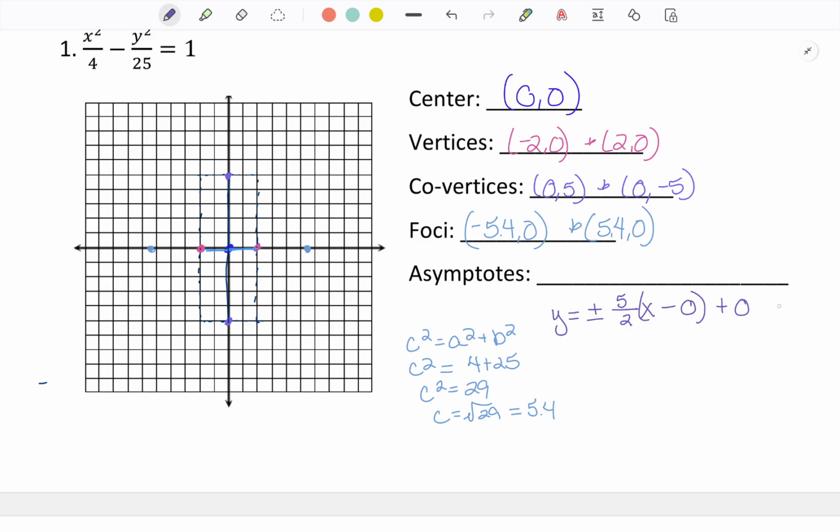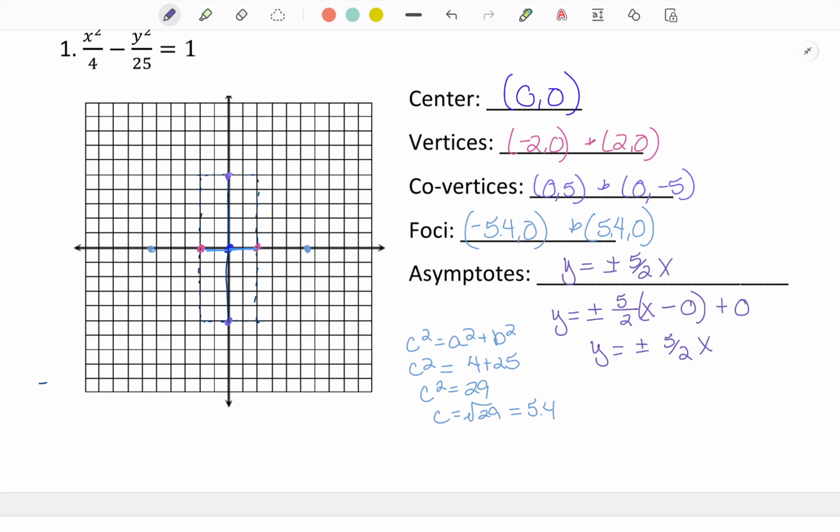So those are going to be your centers. And so that's going to give us y equals plus or minus 5 over 2. Well, so that is our slope. So y equals plus or minus 5 over 2 x.